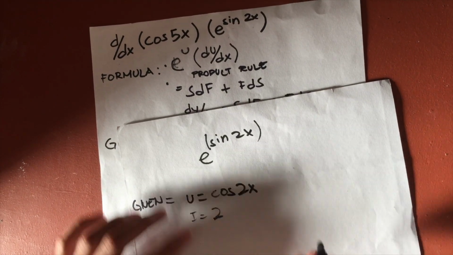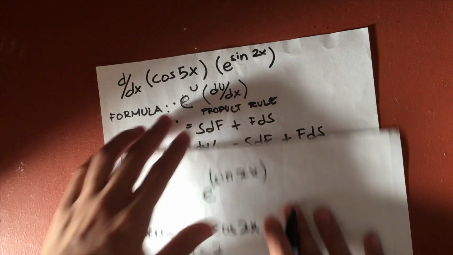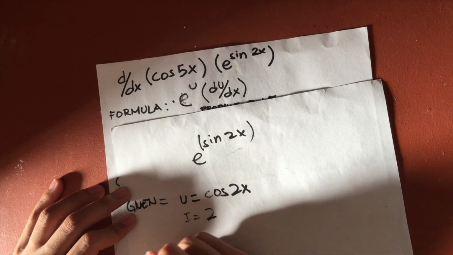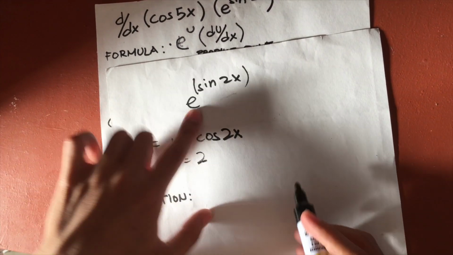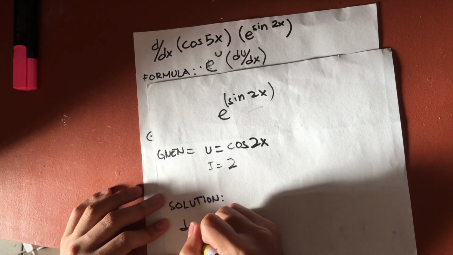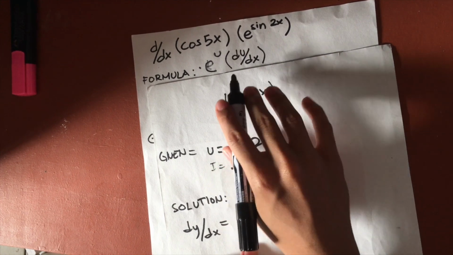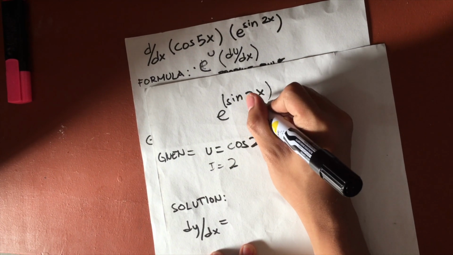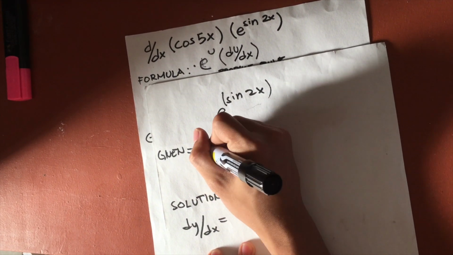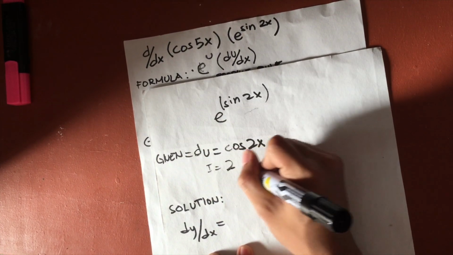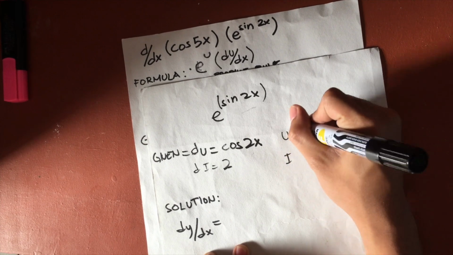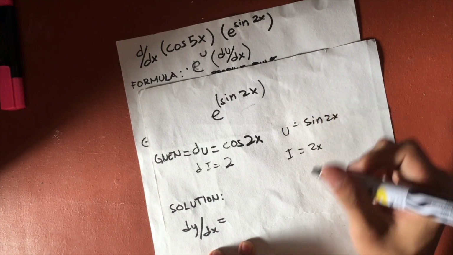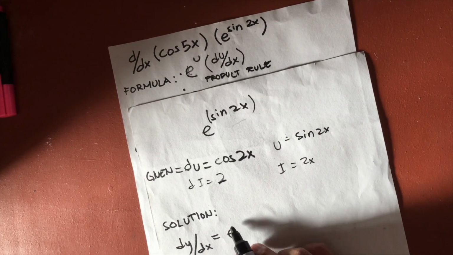Now let's copy our formula here and this solution. dy over dx equals, just copy the e, and our u here is sine 2x. Then e to the sine 2x, copy this formula.